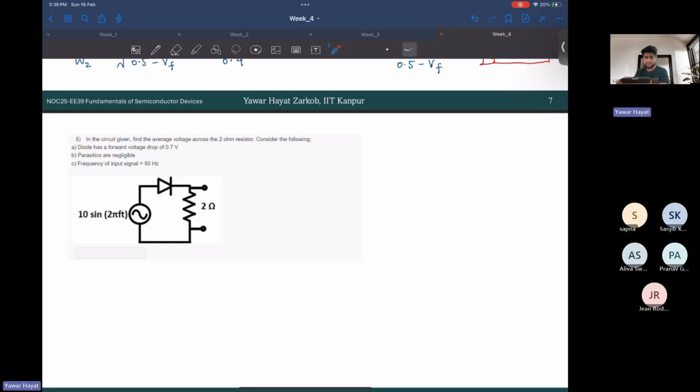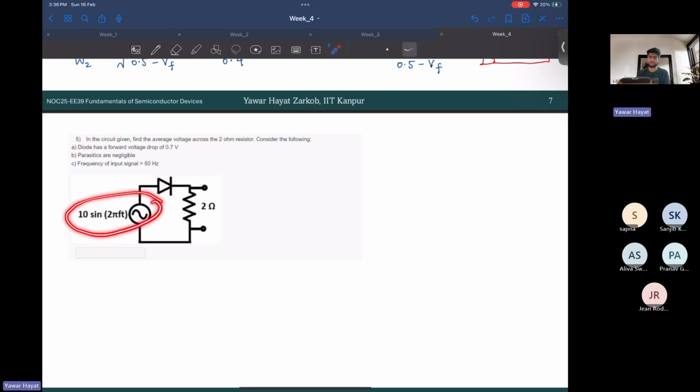You can consider the following: your diode has a forward voltage drop of 0.7 volts, the parasitics are negligible, and the frequency of the input signal is 50 hertz. If you're neglecting parasitics and your operating frequency is 50 hertz, what should be the average voltage across the 2 ohm resistor?